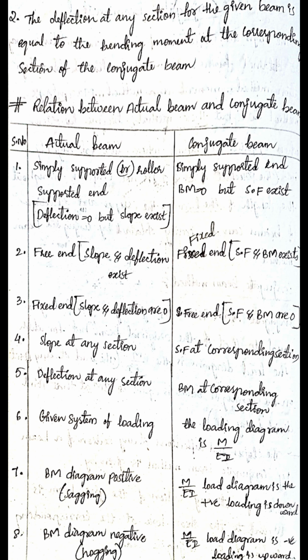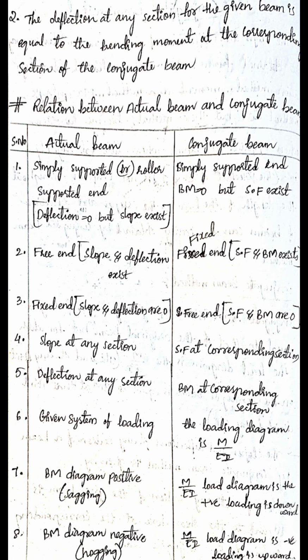Slope at any section is the shear force at the corresponding section, and deflection at any section is the bending moment at the corresponding section. A given system of loading becomes the M by EI diagram in the conjugate beam. If the bending moment is positive, that is sagging, then the M by EI load is positive, that is downwards. If it is hogging, the load is upwards.